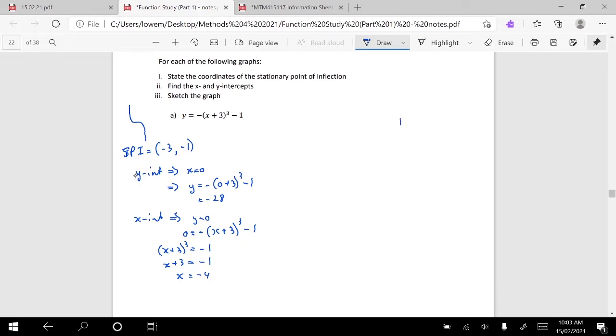Okay, so now we can sketch the graph. The stationary point of inflection is at negative 3, negative 1.